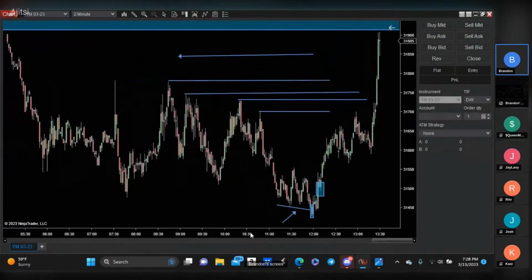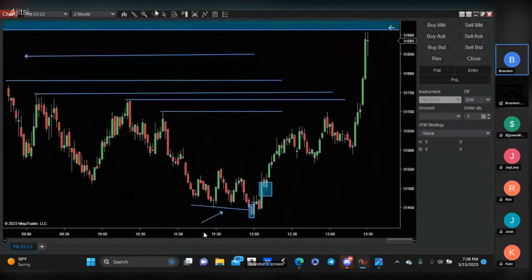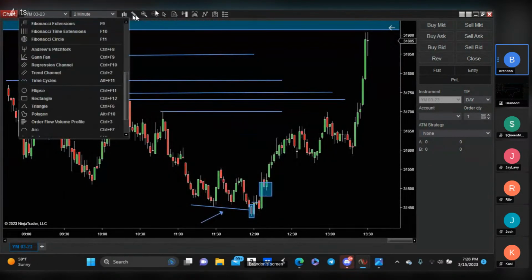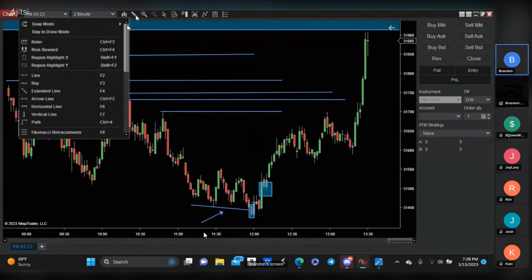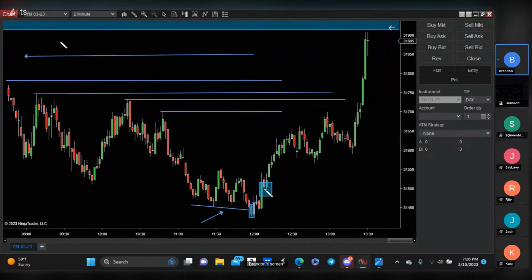This was that play for the day. This was a nice little leg right here. Let me see. Let's say a 411.